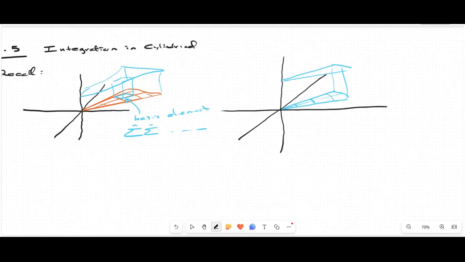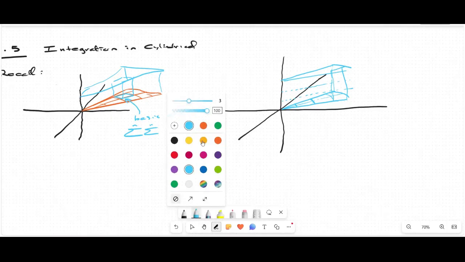So maybe here's one piece right here. Oh, actually, you know what? Let's go one step further. We can also decompose it vertically. So let's go like this, like this. So yeah, maybe I'll do a different color. So one piece is right here.